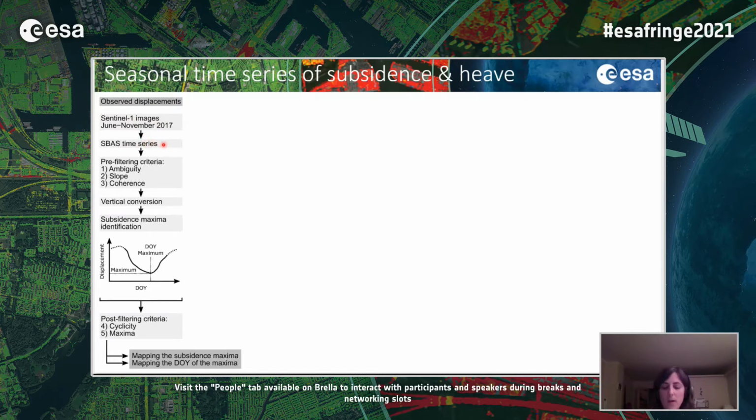Then we applied several steps of filtering to focus on pixels with reliable and unambiguous cyclic patterns, and to focus on flat areas. And since we focus on flat areas, we could convert the line of sight displacement to vertical, assuming that there is no horizontal component on flat surfaces.